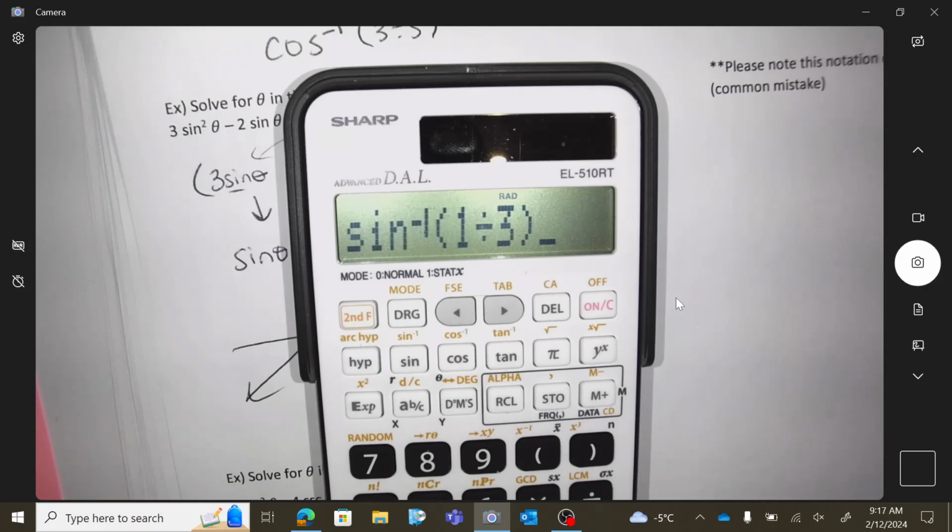Shift mode for second mode. Anybody not find their button? Radian? Oh, same. So you go shift mode. Shift mode. Yeah. Say R at the top.